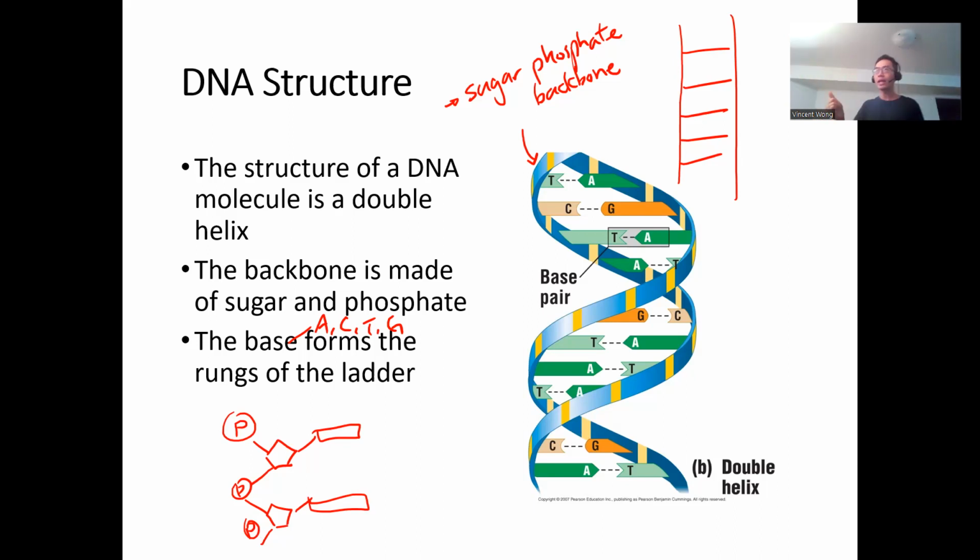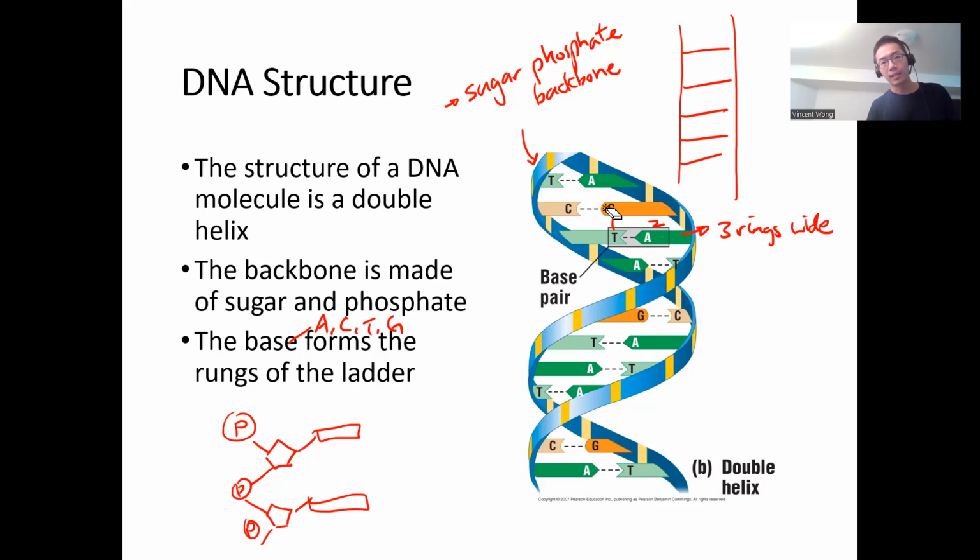And how many rings does a purine have? Two. That's right. Very good. So here, A has 2 rings. And thymine is a pyrimidine, which means it only has 1 ring. So the width across the ladder is 3 rings wide.